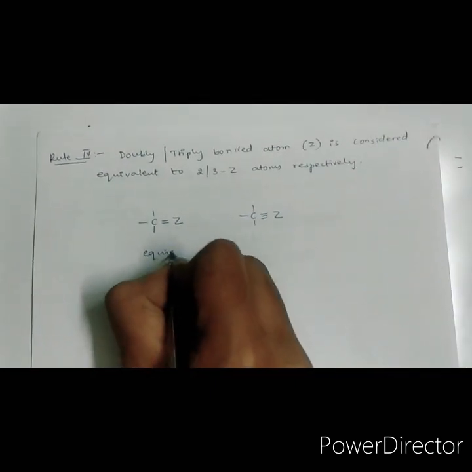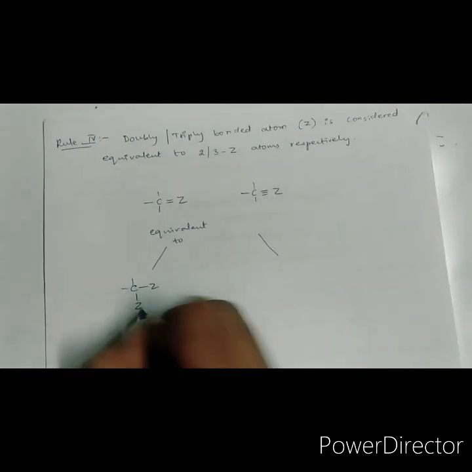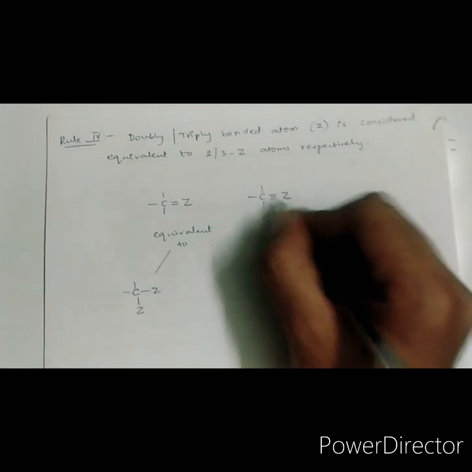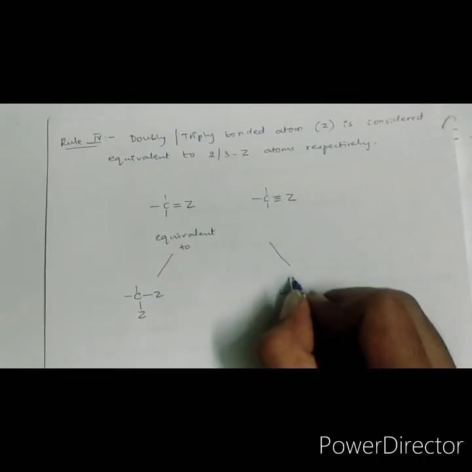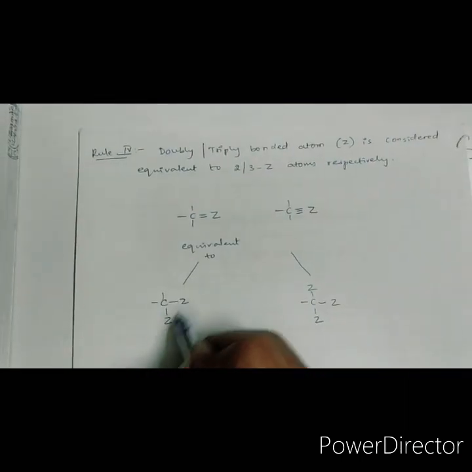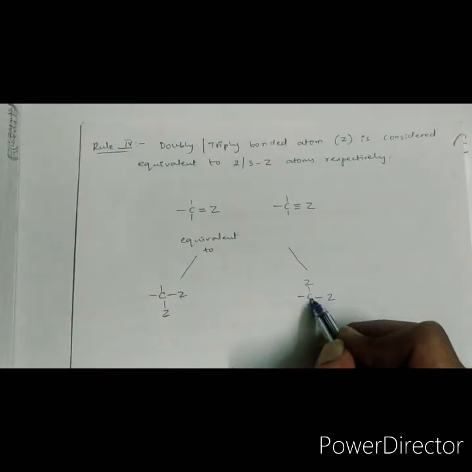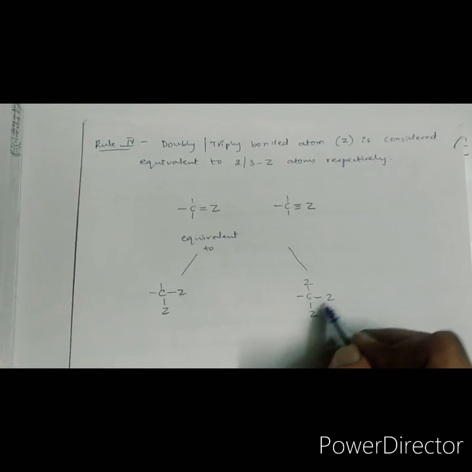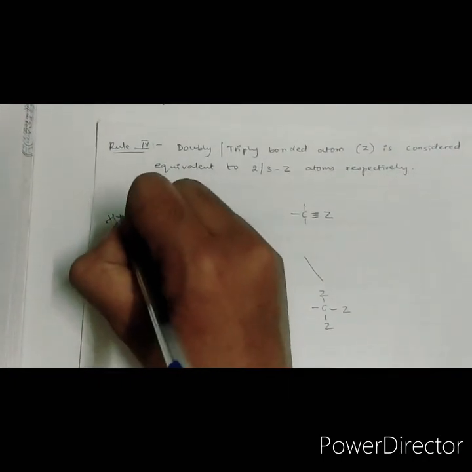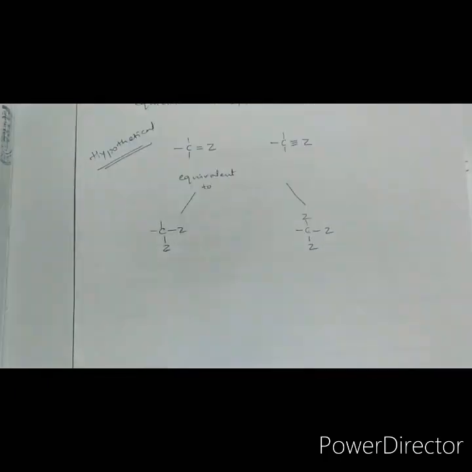So now this is equivalent to, it is hypothetically considered, in this way. If it is doubly bonded, then 2 atoms are defined. If it is triply bonded, then it is assumed that the carbon is attached to 3 similar atoms. So this rule is hypothetical in nature. So we can consider an example.